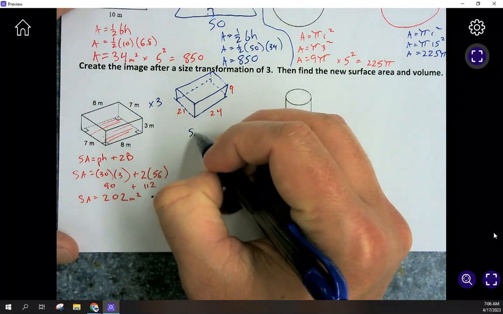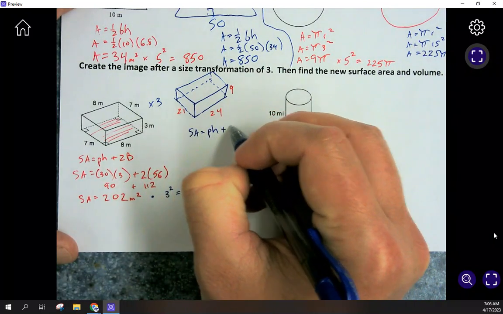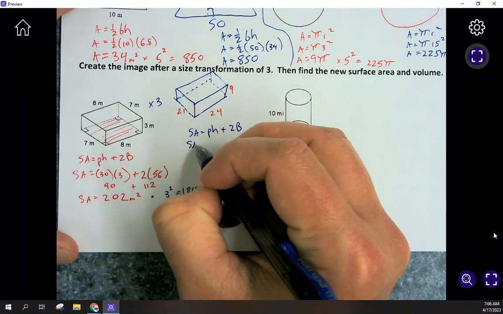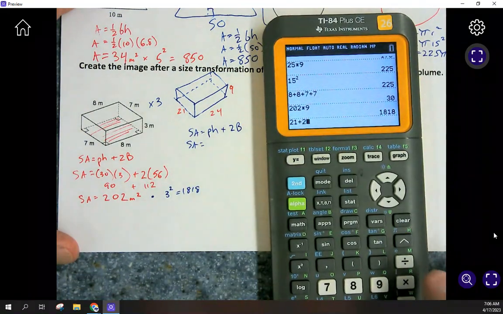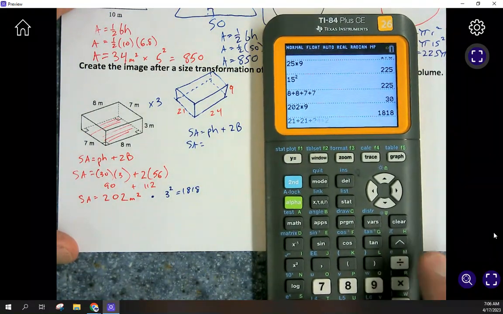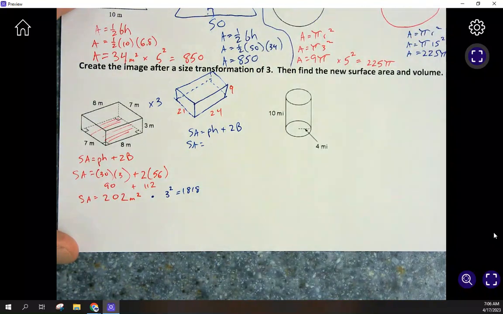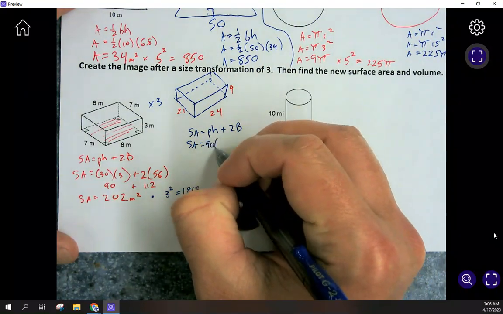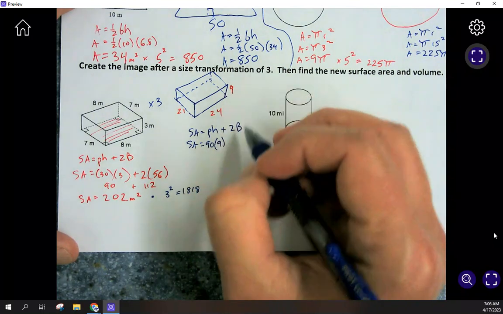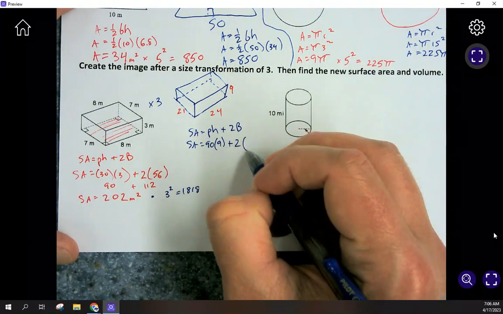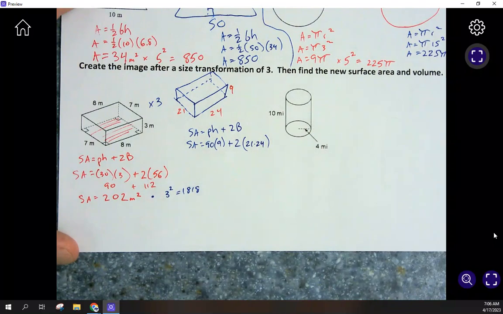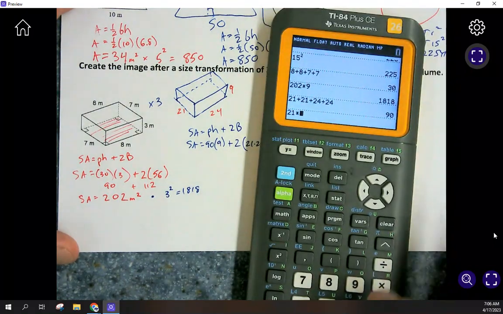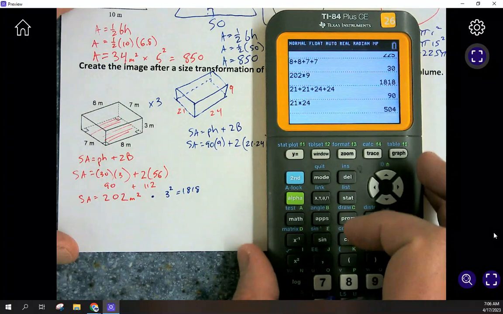So again, surface area is perimeter times height plus 2 times area of the base. Our new perimeter here, 21 plus 21 plus 24 plus 24 is 90 times the height of 9. And then 2 times the area of the base, that's 21 times 24, which is 504.